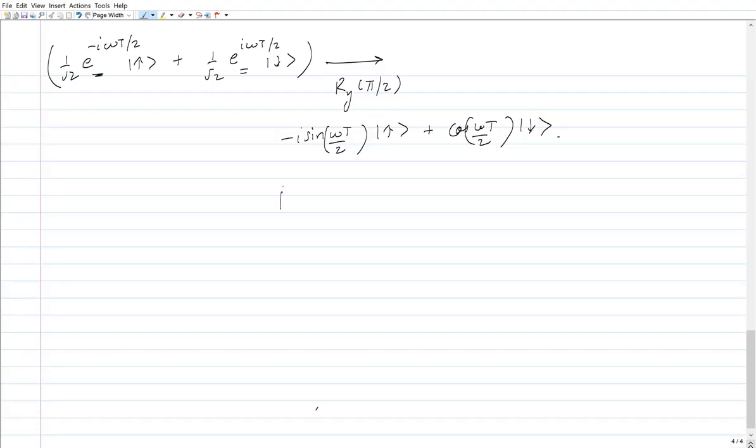Now I measure the probabilities of the particle being in the up state or the down state using the Born rule, and I get my statistics.